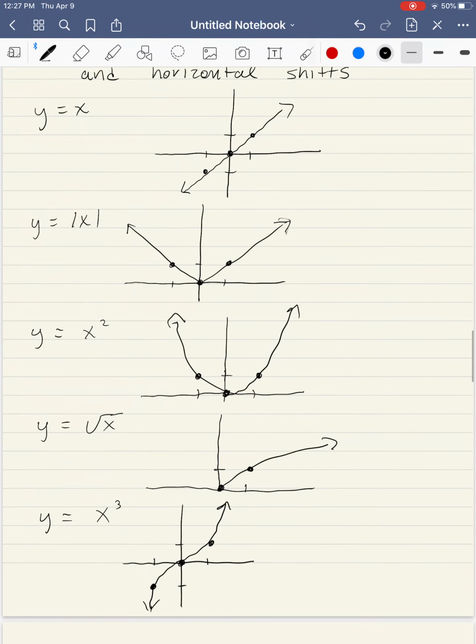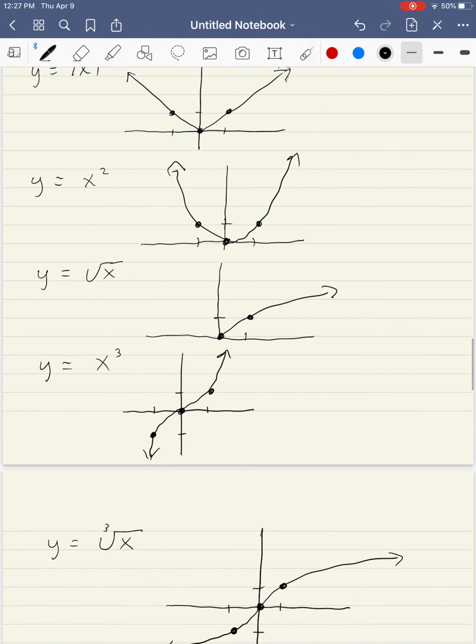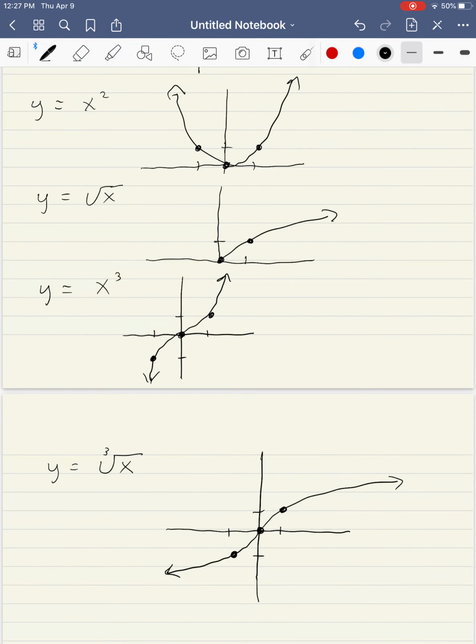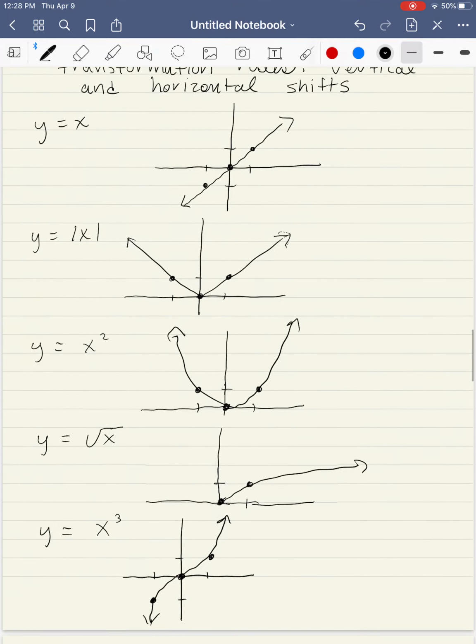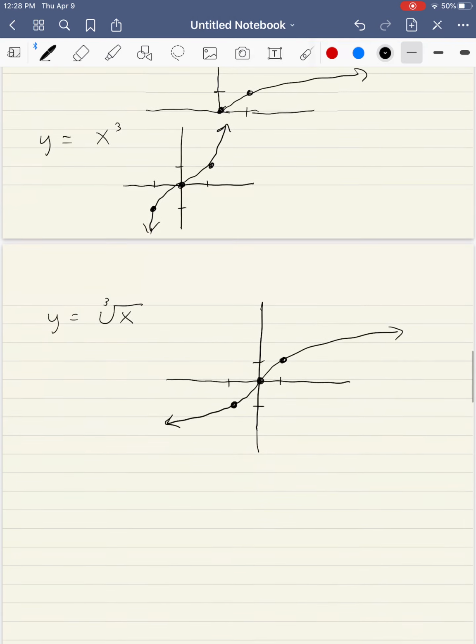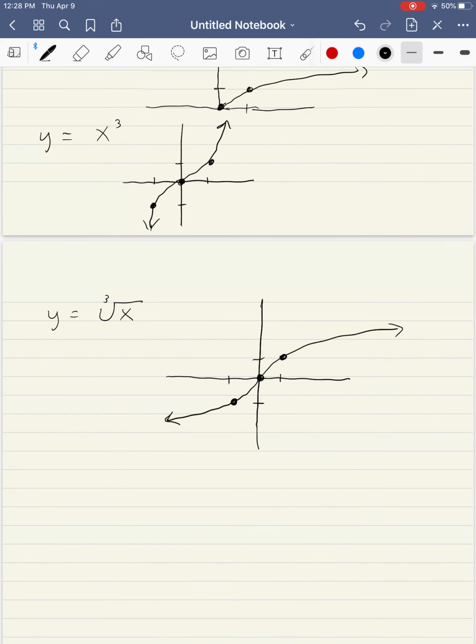So those 3 ordered pairs are not enough to actually create the shape. You have to know that basic shape. And I'm going to change this one. It's not curvy enough. It should be a nice curve.